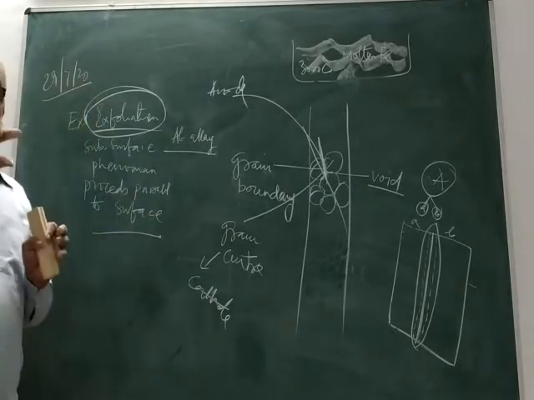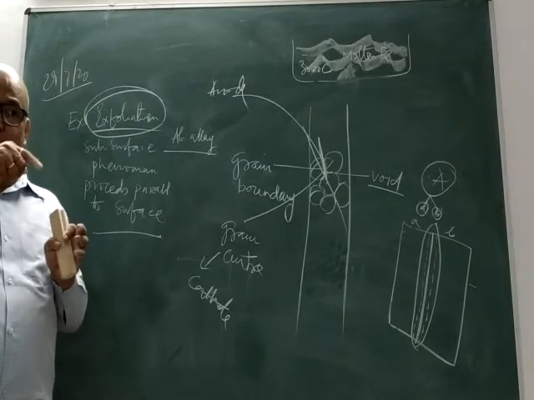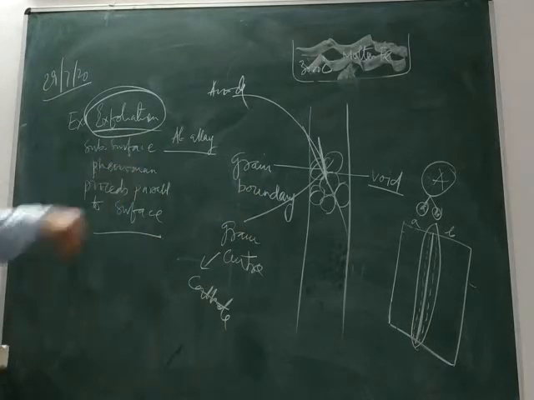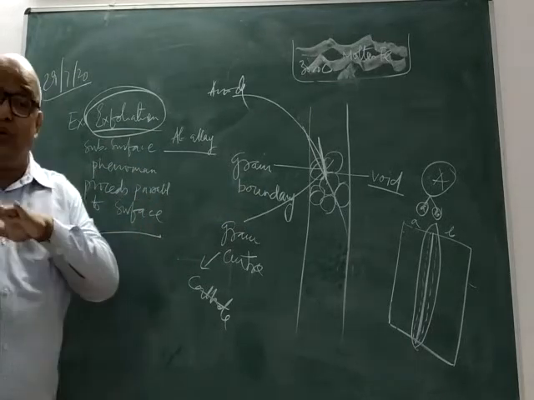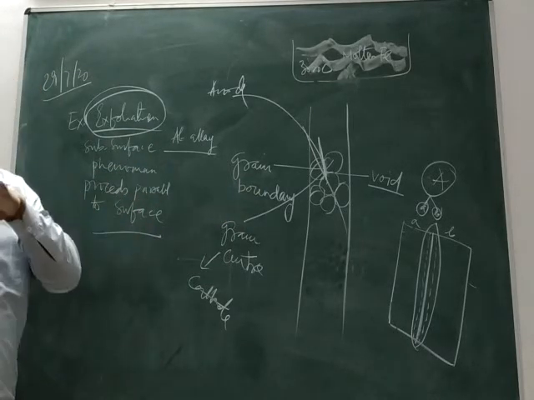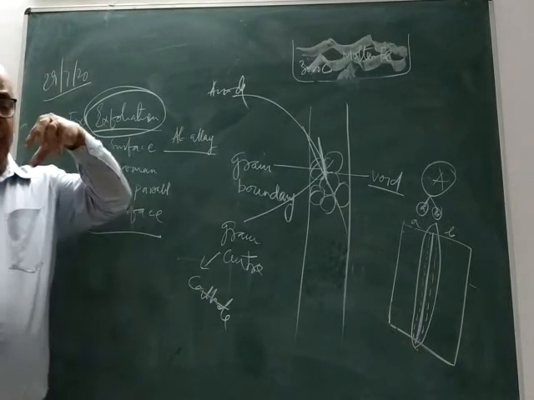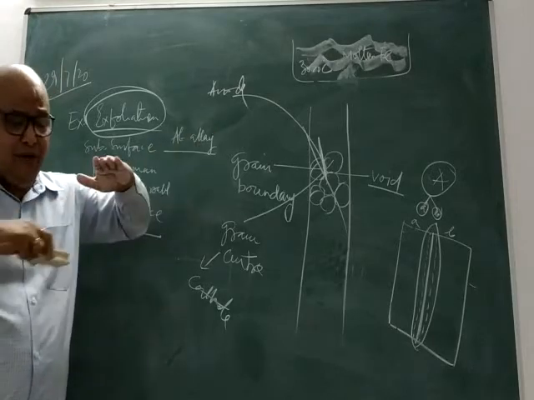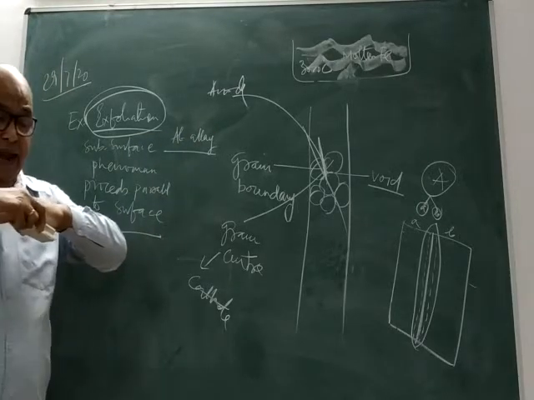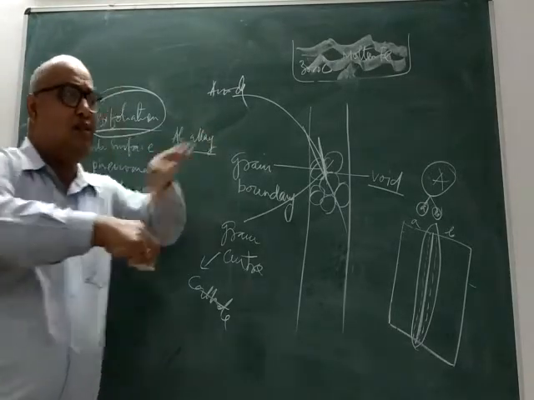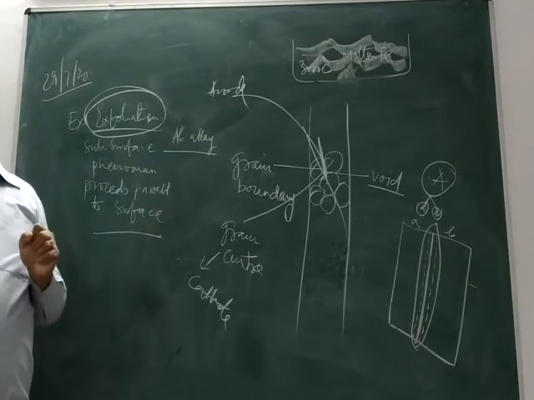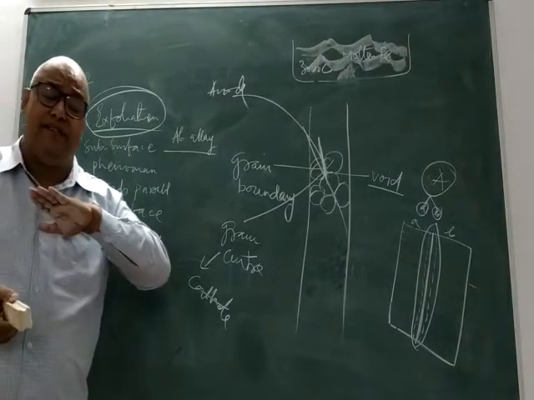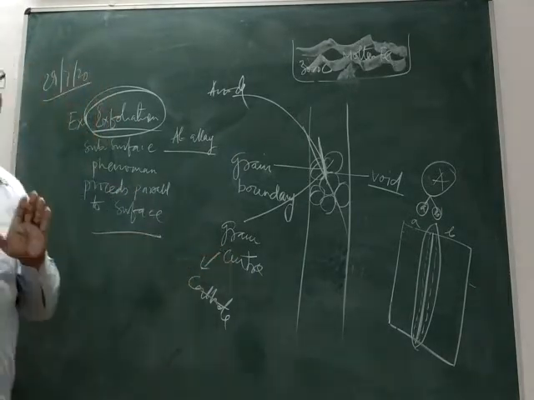What happens? Once grain boundary is generated, as we have shown there, this phenomena will proceed parallel to the surface. It is a surface phenomena. Suppose it is a grain, now it will proceed like that. Parallel to the surface, a single layer will go through the surface of the structure. As a result, the upper layer, the specific layer will get corroded.